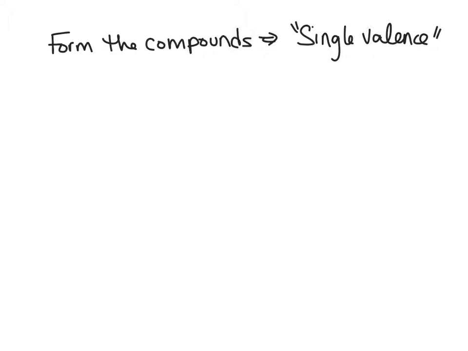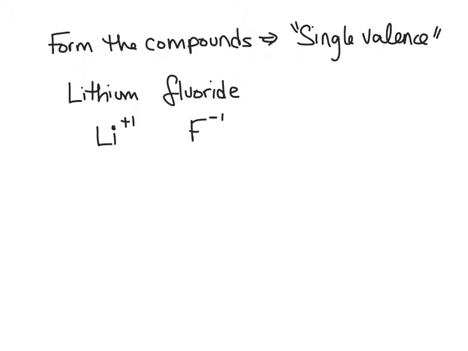So let's look at lithium and fluoride. Okay, so find lithium, left-hand corner. If you look at the ion, lithium has a charge of +1. Fluoride has a charge of -1.